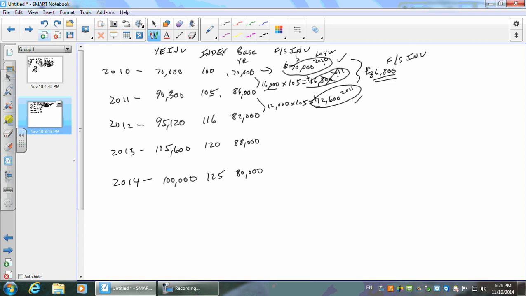So this was a financial statement at 2010, this was 2011. What is it going to be at 2012? Notice there's no 2012 layer, but at the end of 2012, what would I have? 70 base year plus 12.6 is 82,600. Got it? See what's going on? That's my 2012 financial statement inventory.